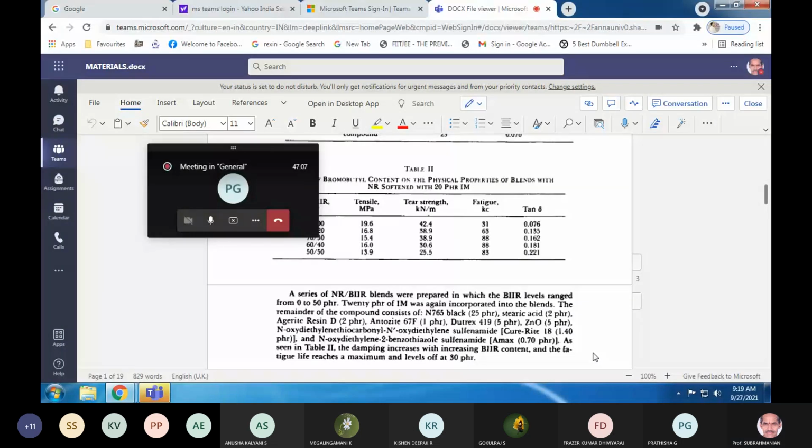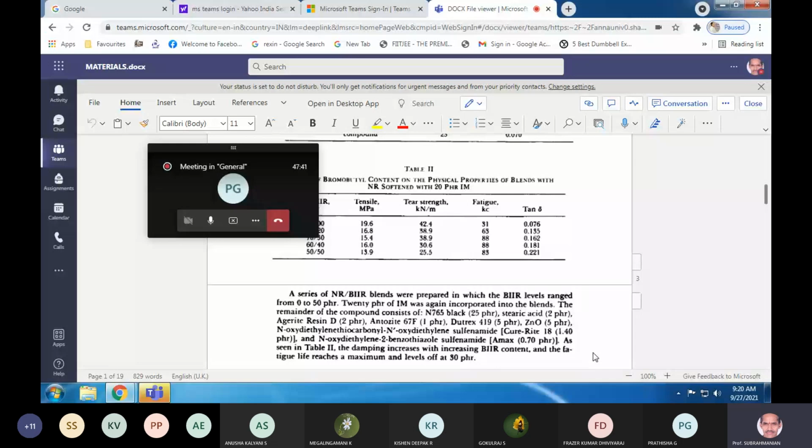One is an antioxidant, another one is the anti-ozonant. Agerite resin is an antioxidant, and the other is an anti-ozonant. And you have process oil, Butrex 419 is a process oil.